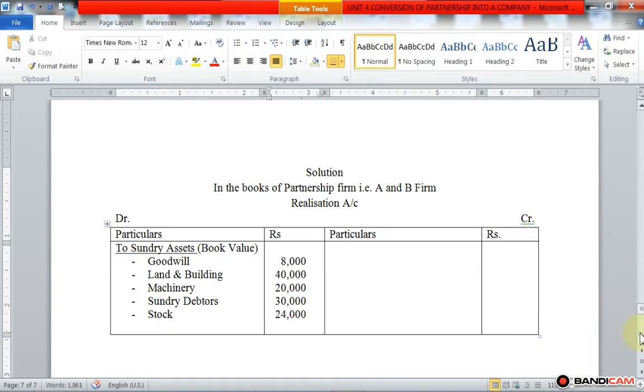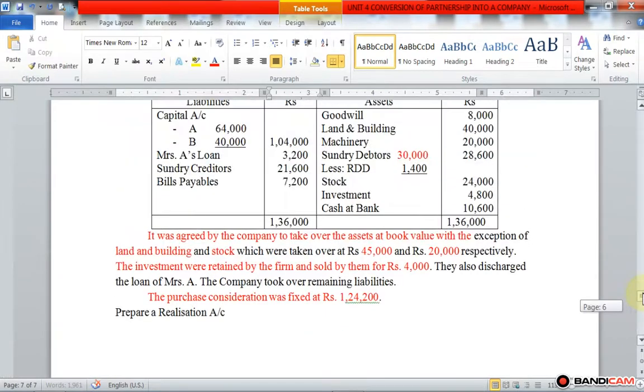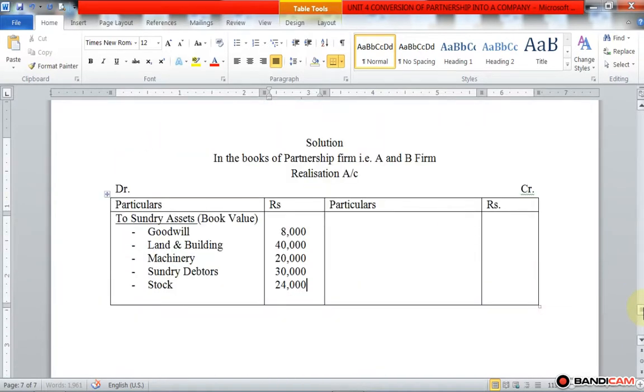Then the next asset is investment, rupees 4,800.